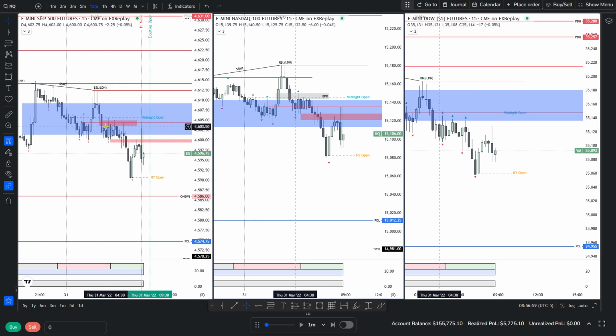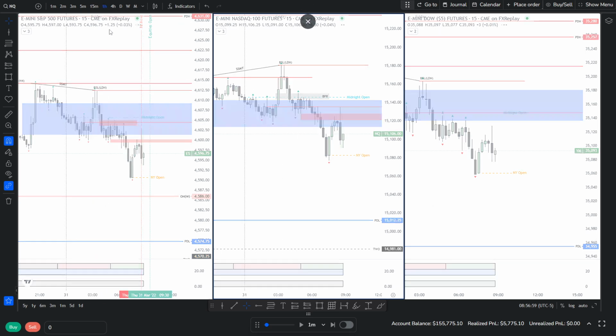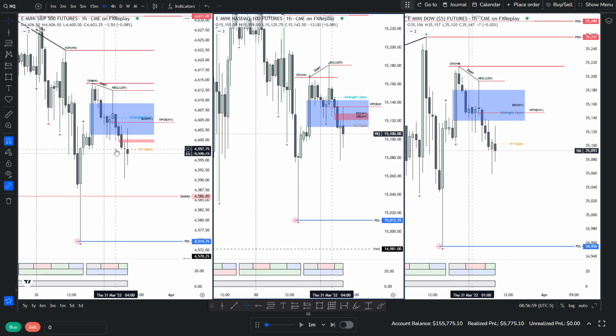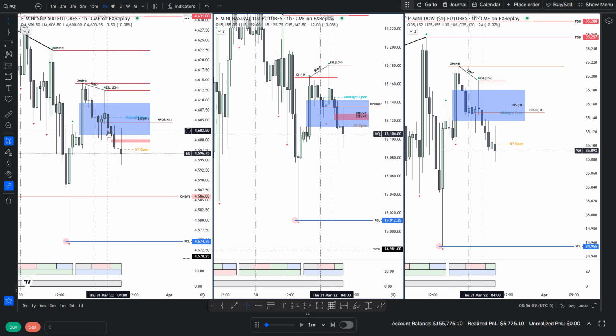So my point being is that supported the hourly bullish order block, and obviously, as we can see, the market traded away, confirmed, traded back up into it, and then obviously we've had this. So this imbalance here should support price trading lower.